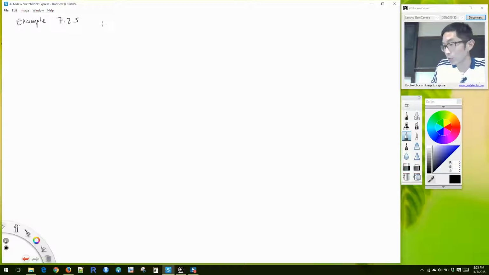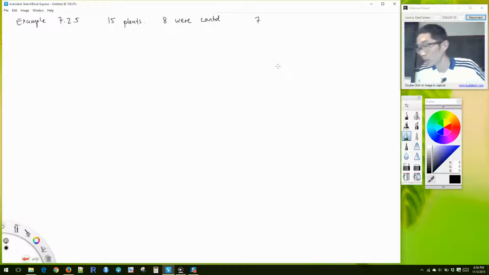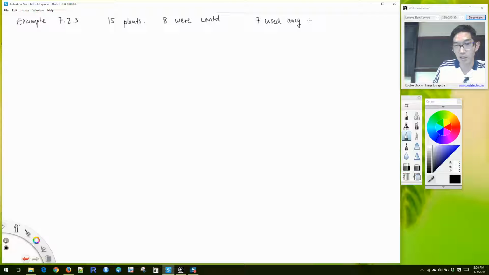We grew a total of 15 plants. 8 were control plants, and 7 were exposed to ANSI, or used ANSI instead of water. What is ANSI? Something else, not water. We measured how much they grew and the standard deviation, and our data shows this.